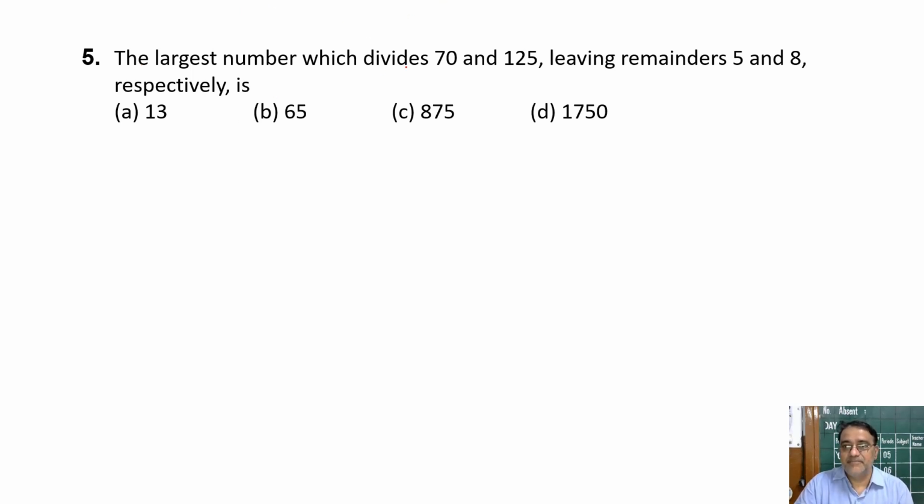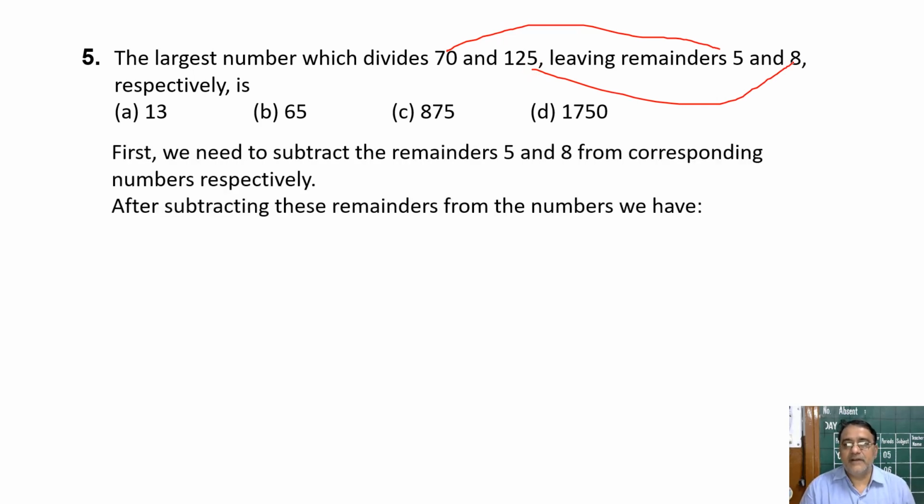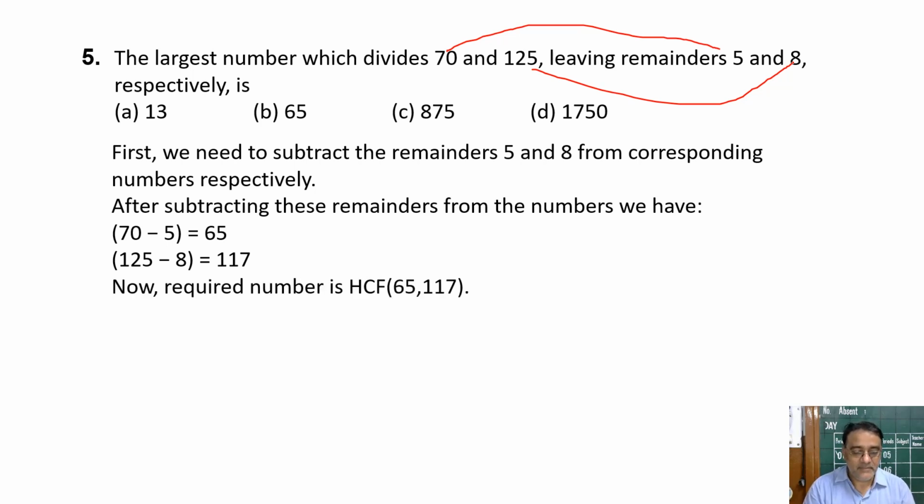But what remainder is given here? The remainder 5 should come. So what will we do? First we will subtract 5 from 70, and subtract 8 from 125. So after subtracting we get 70 minus 5, 65, and 125 minus 8, 117. Now we are going to find the HCF of these two.